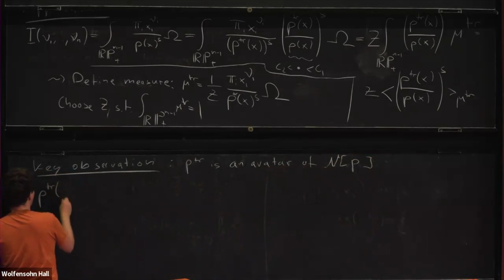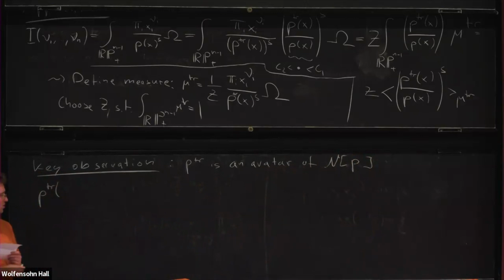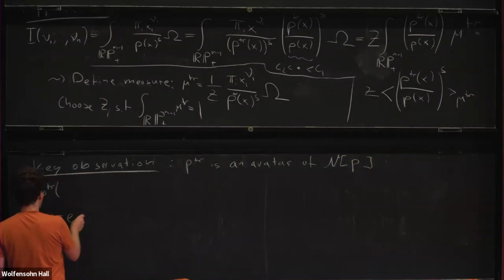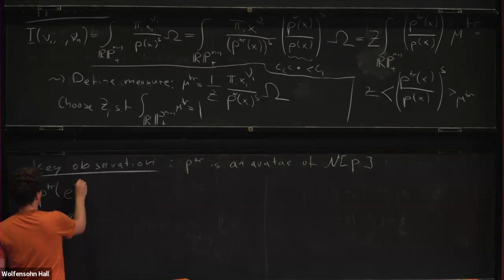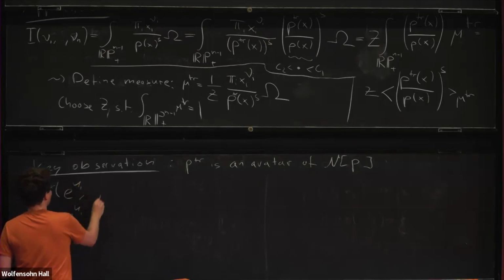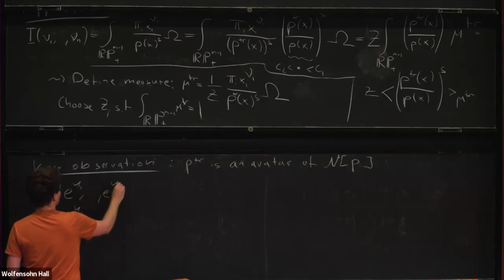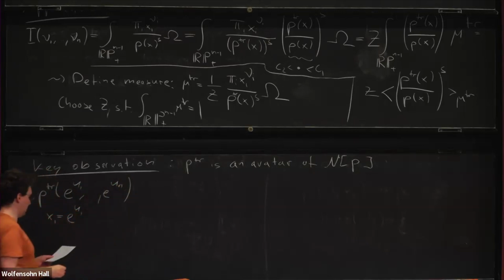We write p-trop, but instead of the x coordinates, we change to exponential or logarithmic coordinates. So x_i is now equal to e to the power of y_i. We write this now in the argument. So this is just a change of coordinates.